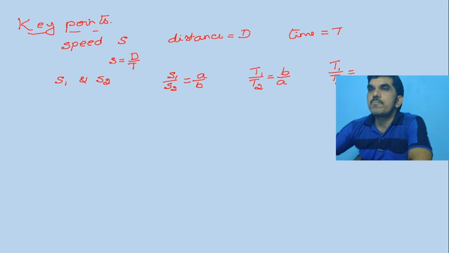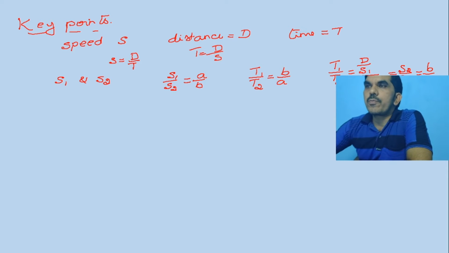Speed is equal to distance by time, so time is equal to distance by speed. So t equals d by s. So t1 becomes d by s1 and t2 becomes d by s2. Since the distance remains the same, it becomes s2 by s1, which is equal to b by a.